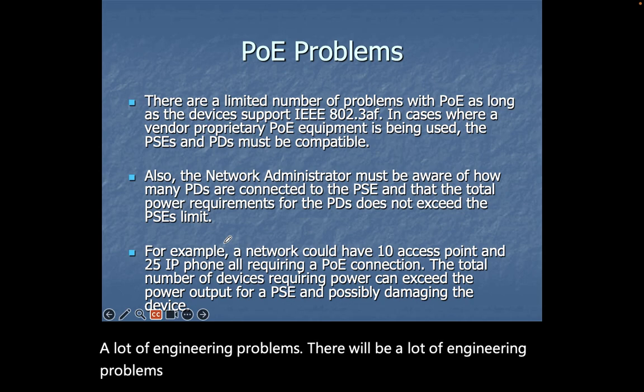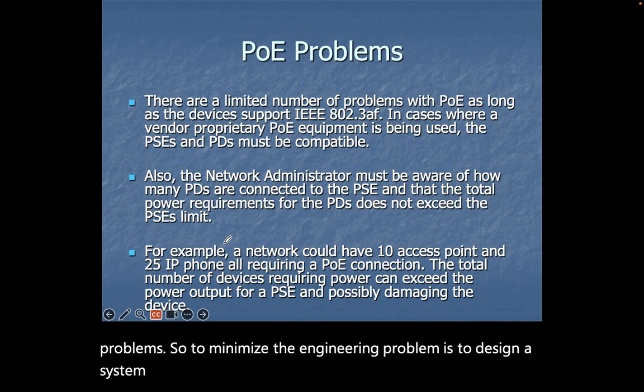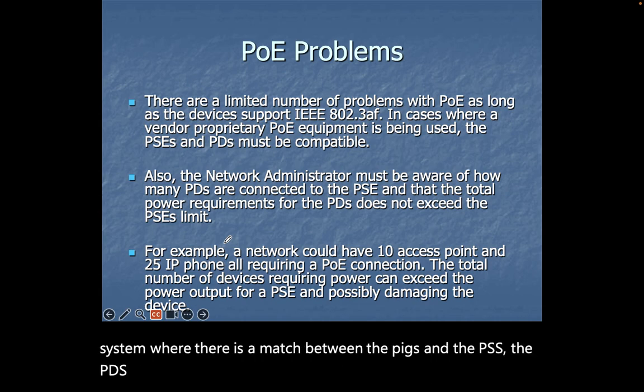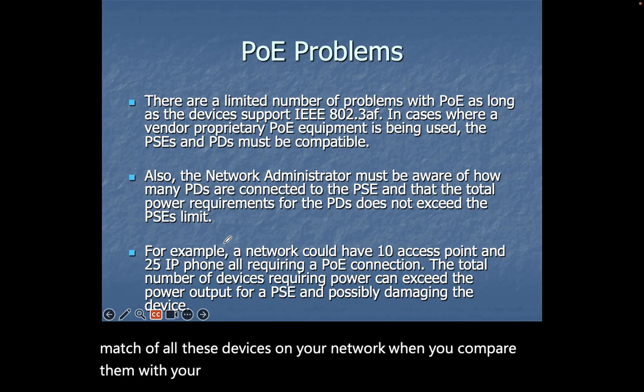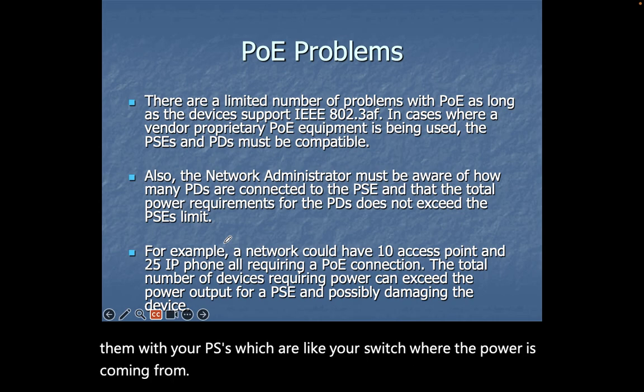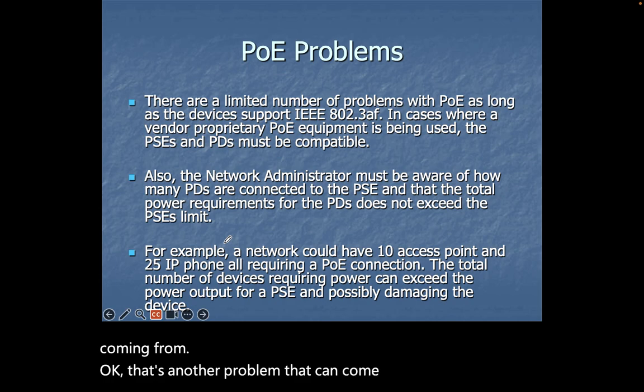To minimize the engineering problems, design a system where there is a match between the PDs and the PSEs. The PDs, which are the access points and IP phones, must match your PSEs, like your switch, where the power is coming from. That's another problem that can come from the network.